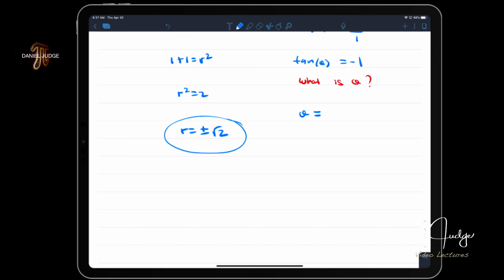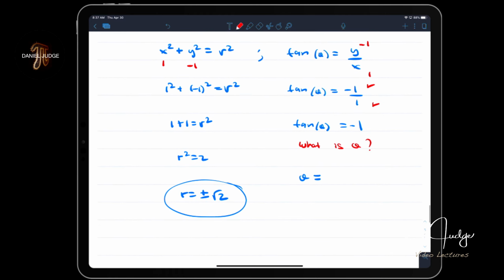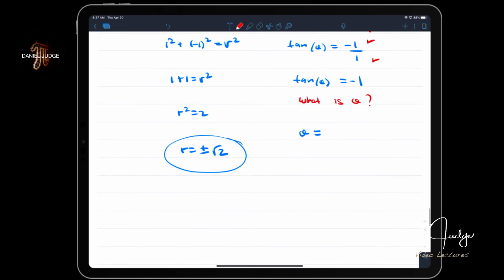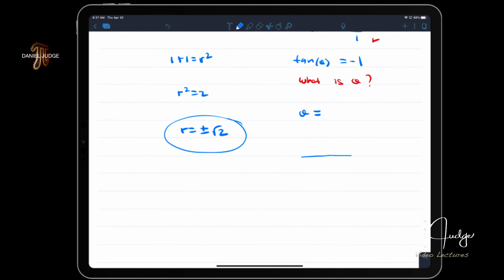Tangent's -1 when what happens? Remember the definition? Y is going to be -1 and x is 1. So we go y is -1, x is 1. Where's theta? Is that right?